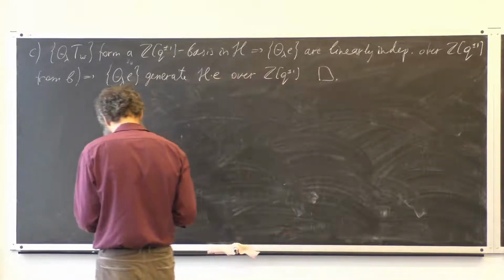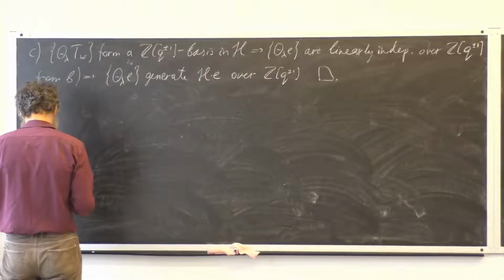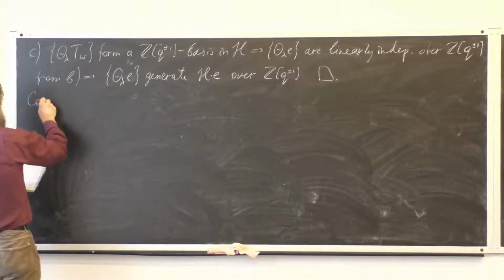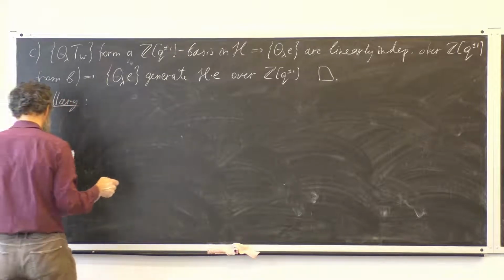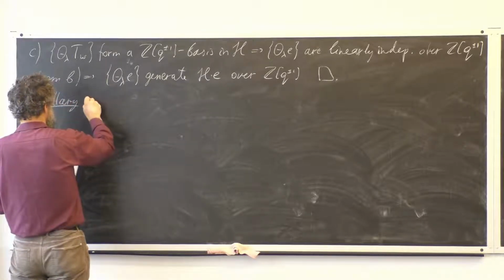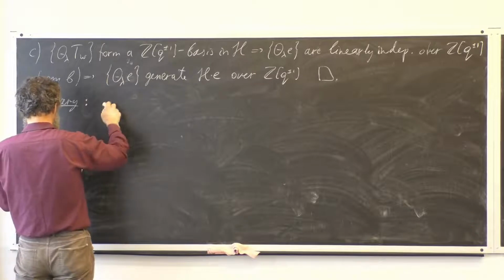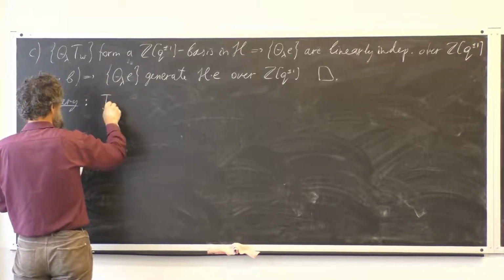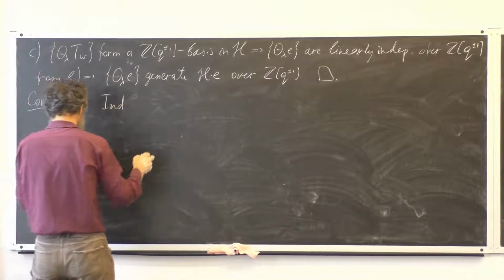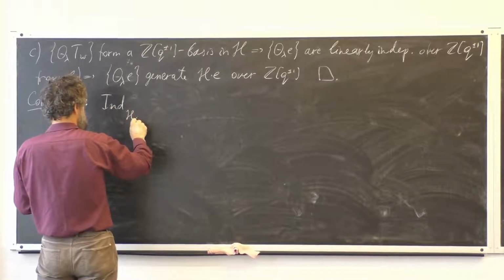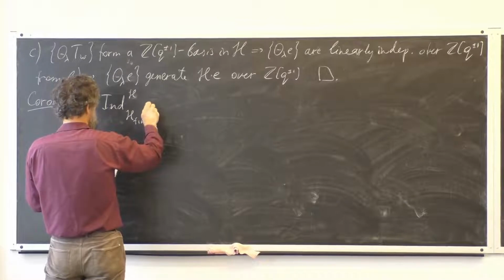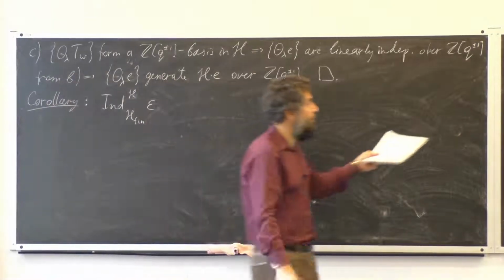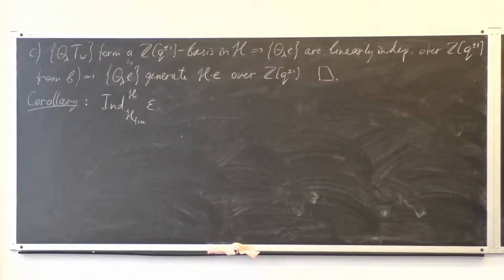Okay. So from this immediately it follows that this left ideal is an induced representation from the finite Hecke algebra to the affine Hecke algebra of this one-dimensional character.